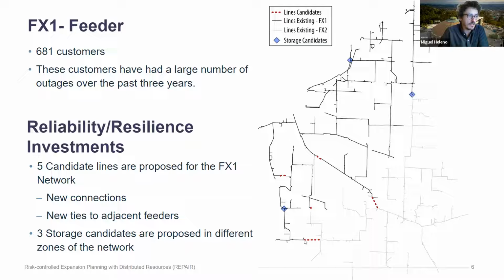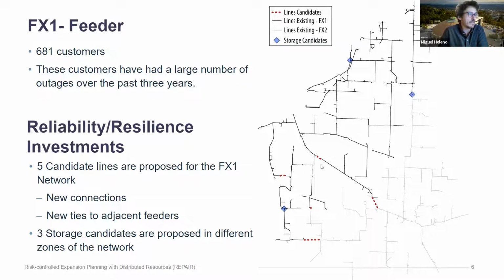So these are basically new lines that tie the feeder with this adjacent feeder in gray, and some little ties even within the feeder. And there was also a project for a battery in this feeder. ComEd didn't have a place for the battery yet, so we considered 3 potential places for that battery.